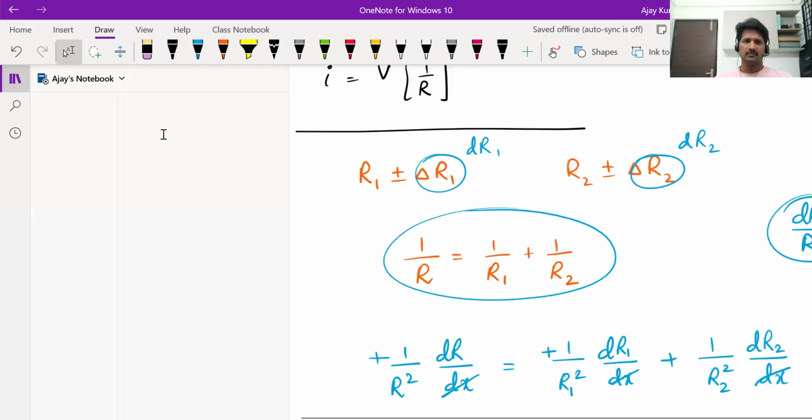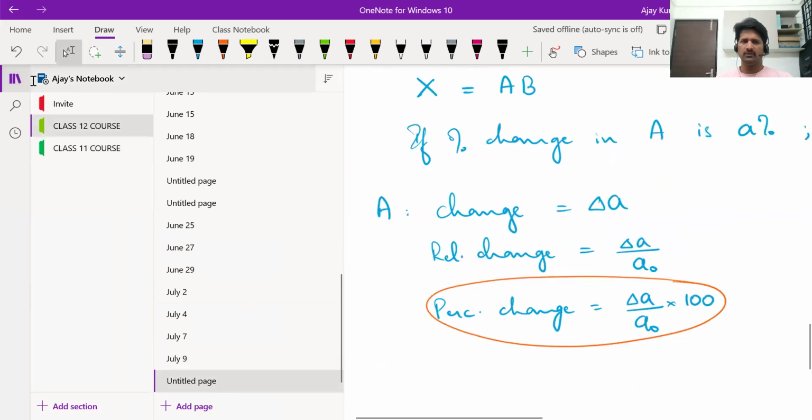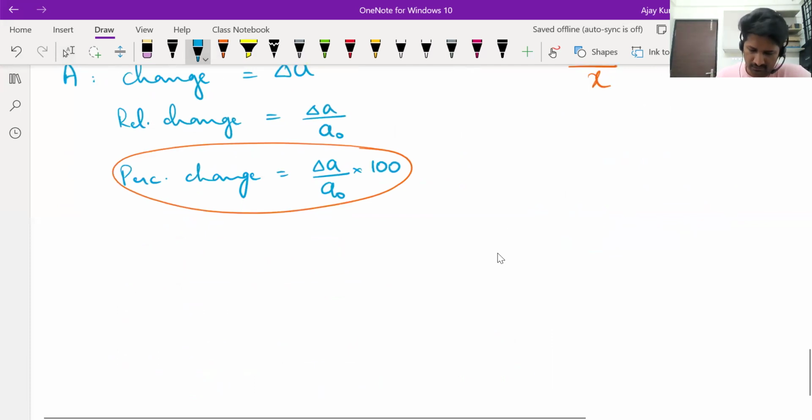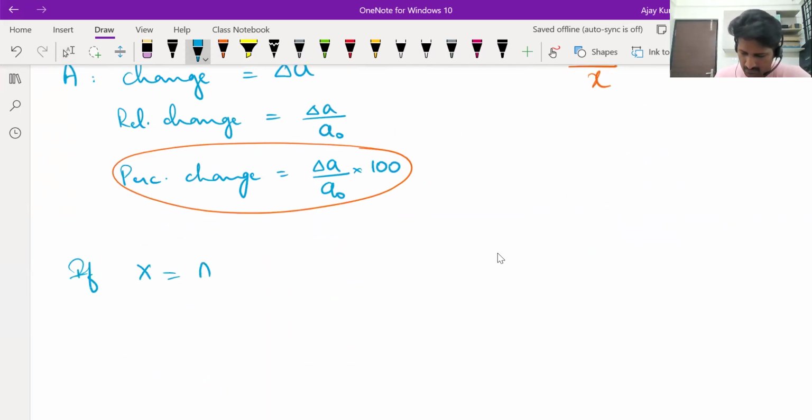So whenever you need to relate small changes in quantities, differentiate the relation between those quantities, as I said. Now we have x is equal to AB. Let us differentiate this equation. You'll have to assume x, a, and b are all variables, because we know change in a, we know change in b, and we want to find out change in x. Means all three are variable.